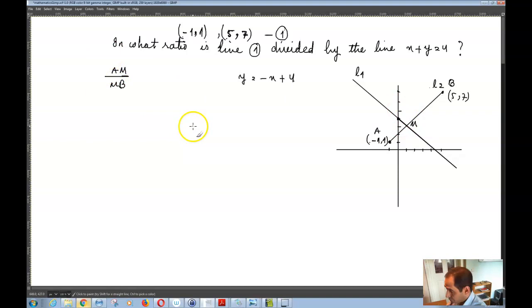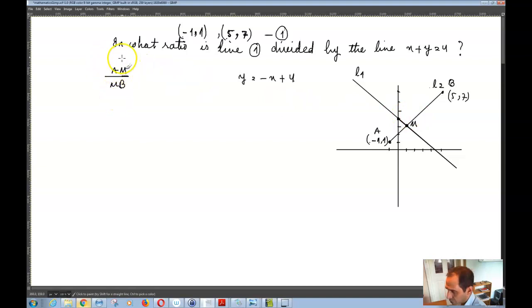So what you need to do is first find the point of intersection of these two lines, and then use the distance formula to find the distance between these 2 points, and again the distance between the other 2 points.